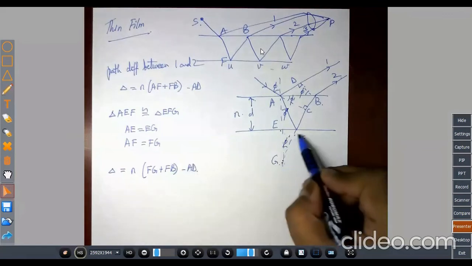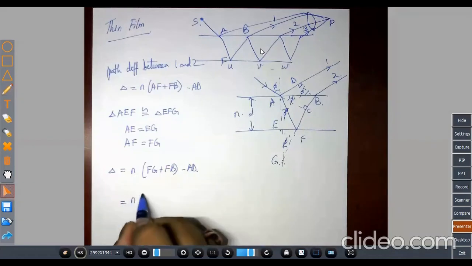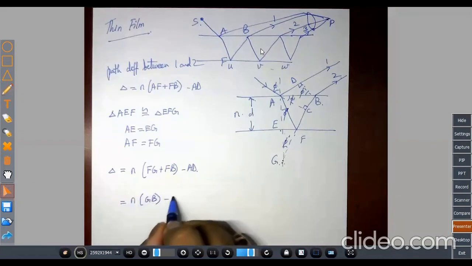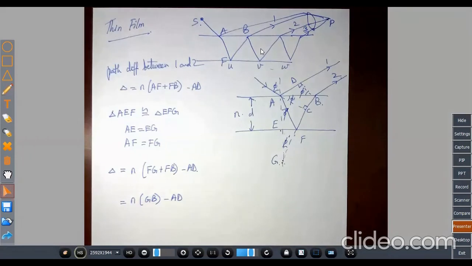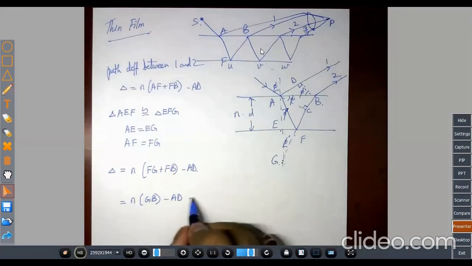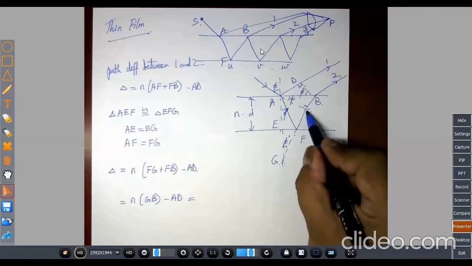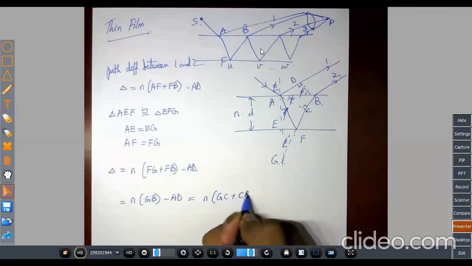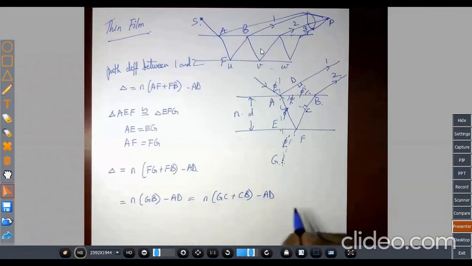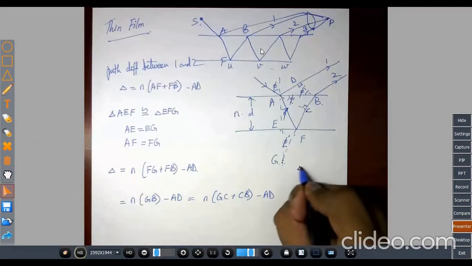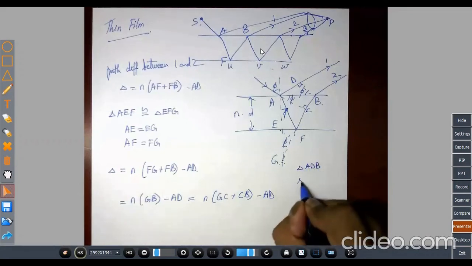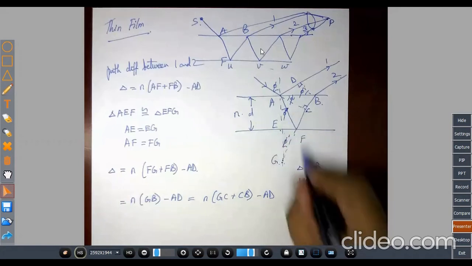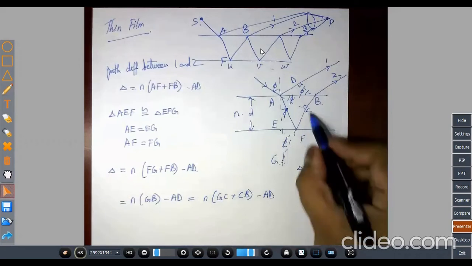Now, FG plus FB will be equal to GB. This GB can also be written as GC plus CB. Now consider the triangle ADB, where this is phi.